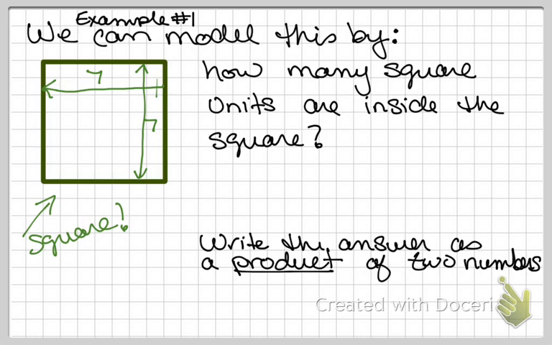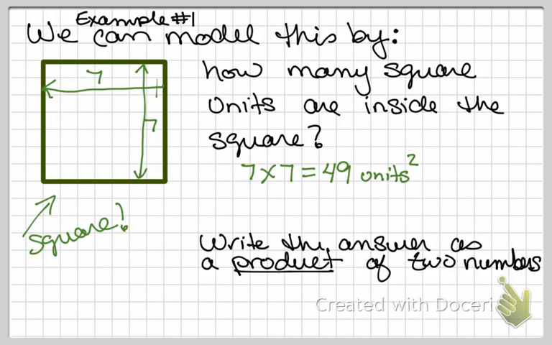So we can perform a calculation to figure out how many square units are inside of the square by going 7 times 7. 7 times 7 is 49. So there would be 49 units squared inside of that square.